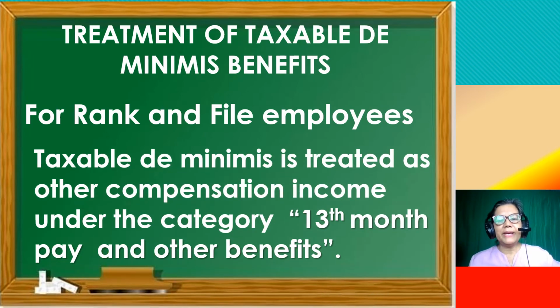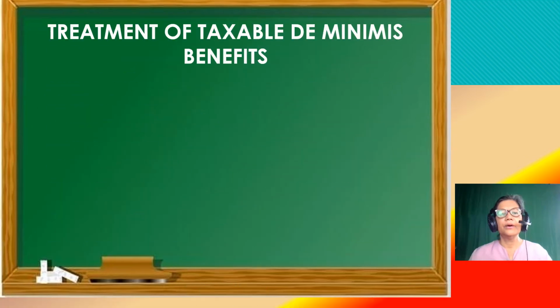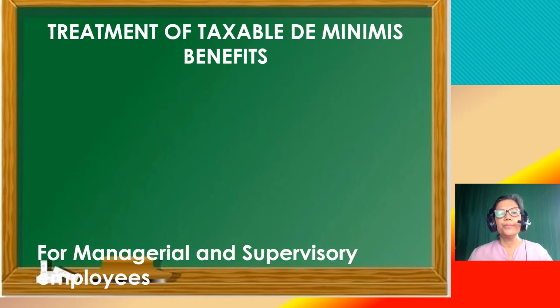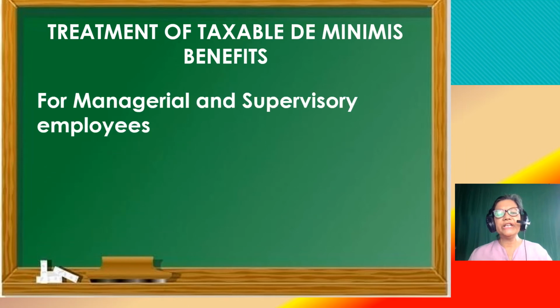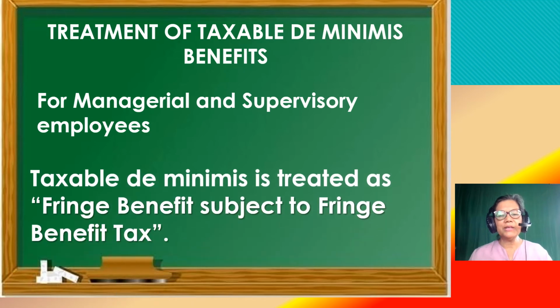The taxable de minimis is treated as other compensation income under the category 13th-month pay and other benefits. For managerial and supervisory employees, taxable de minimis is treated as a fringe benefit subject to fringe benefit tax.